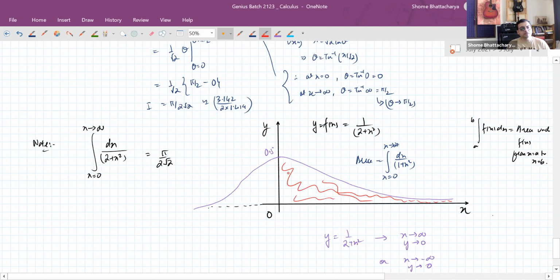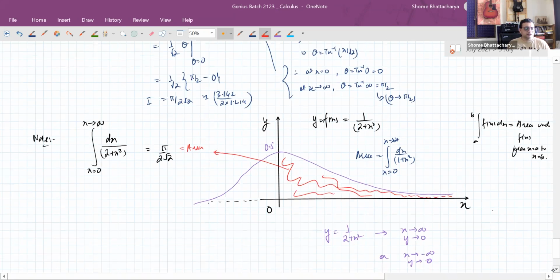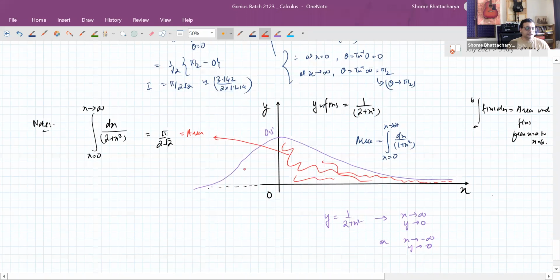This will also show you another interesting thing, that if I take the area on the negative side, it will also be the same. So if I were to take the limits from x tending to minus infinity to x tending to infinity, Yes, Janvi, I'm just coming to you, just a moment. It will actually give me double of this.